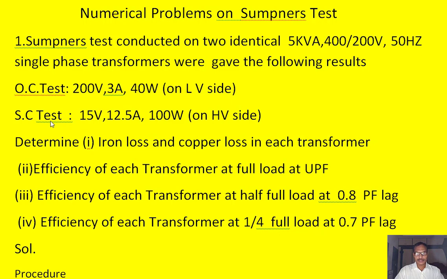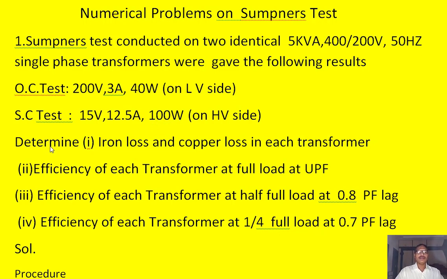Coming to the short circuit test, it is conducted on the LV side, and the voltage applied is 15 volts, the rated current is 12.5 amperes, and the copper loss is 100 watts. Here 40 watts is the iron loss for both the transformers. Similarly, this is the copper loss for both the transformers.